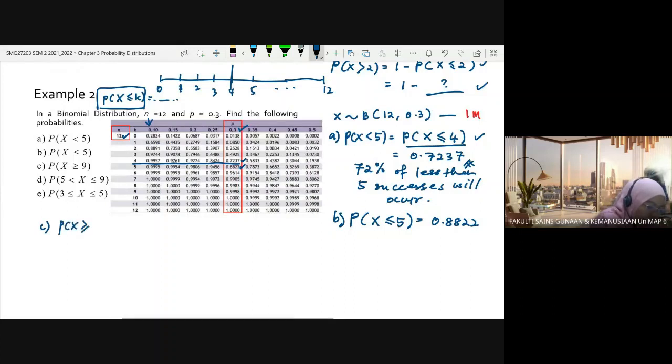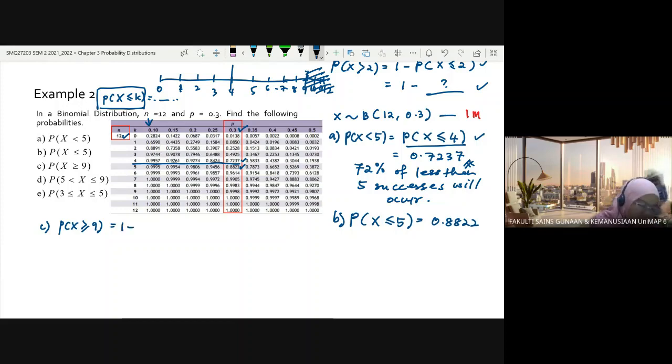P(X greater than or equal to 9). We are talking about 5, 6, 7, 8, 9, 10, 11. Now we are talking about 9 and above, so 9 is also included.